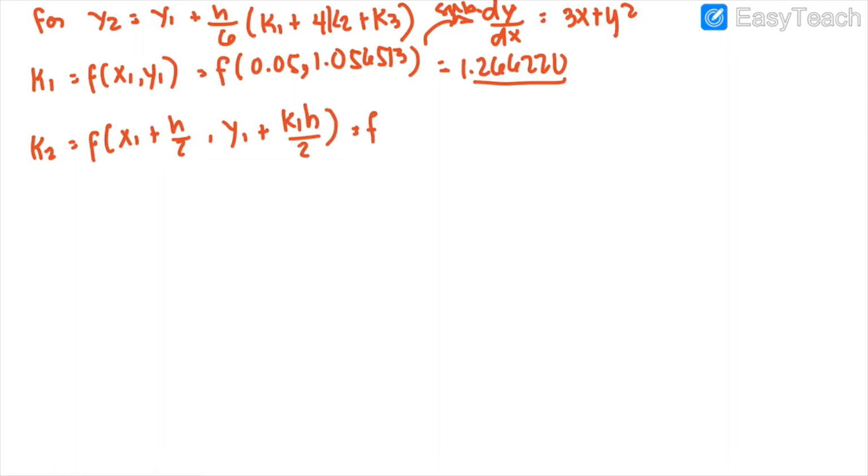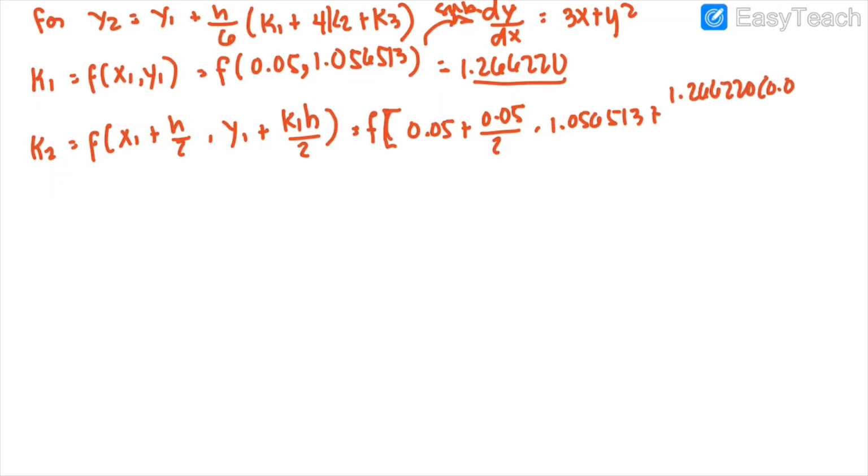Substituting all known values, f of x1, which is 0.05 plus h of 0.05 over 2, and y1 of 1.056513, k1 1.266220 of 0.05 over 2.